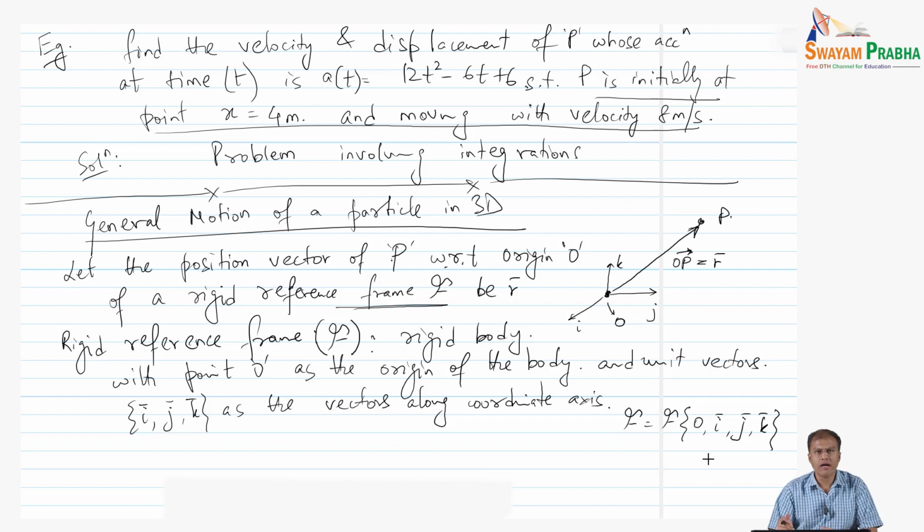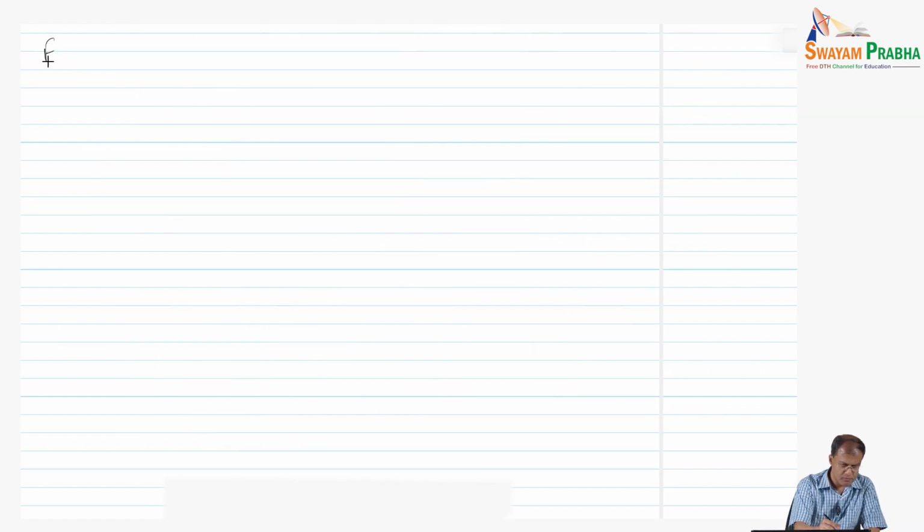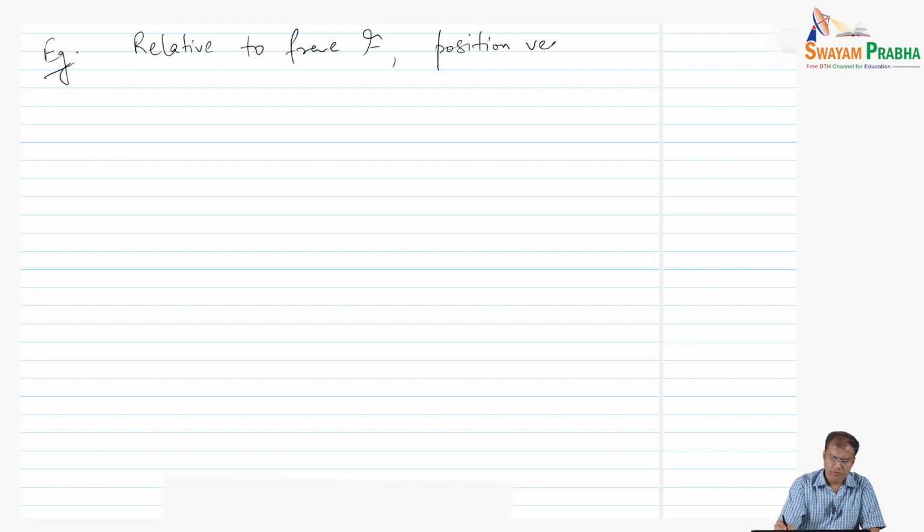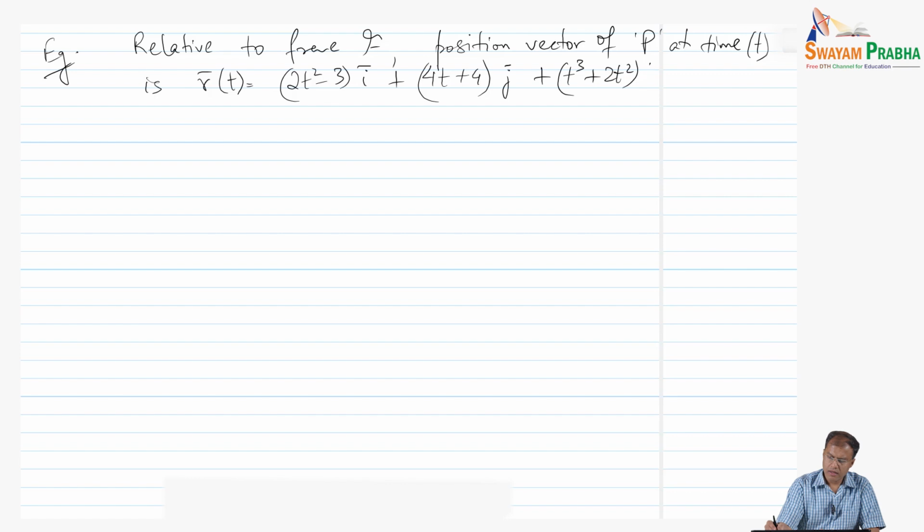So what have we got? Let's look at a quick example. The problem says relative to the frame F, let the position vector of P at time t be given by r(t) = (2t² − 3)i + (4t + 4)j + (t³ + 2t²)k.